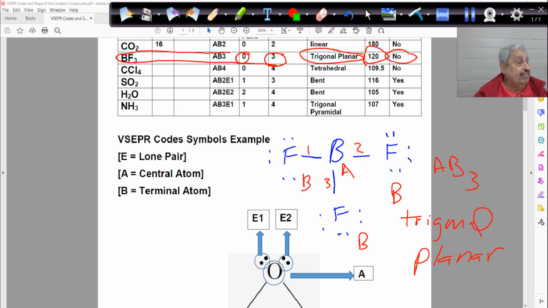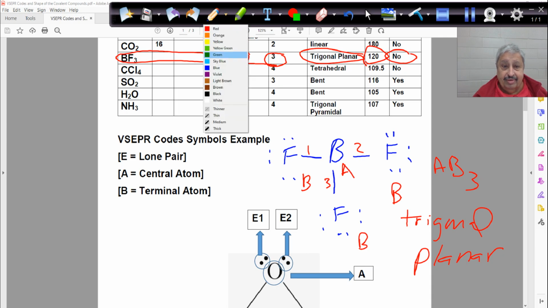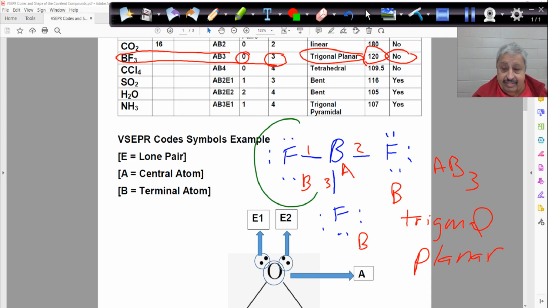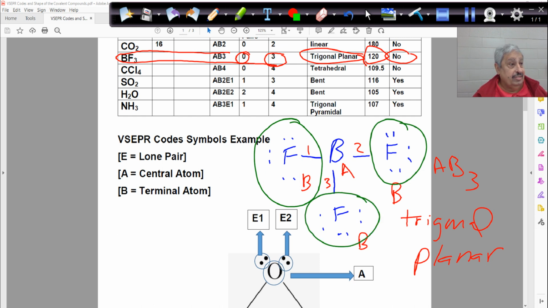How do we know? If the central atom has lone pairs, it will be polar. If it's not having lone pair, then we have to look at the terminals. So let's look at the terminals here and decide. Are the terminals equal? Yes or no? Yes. All of them are fluorine atoms, correct?